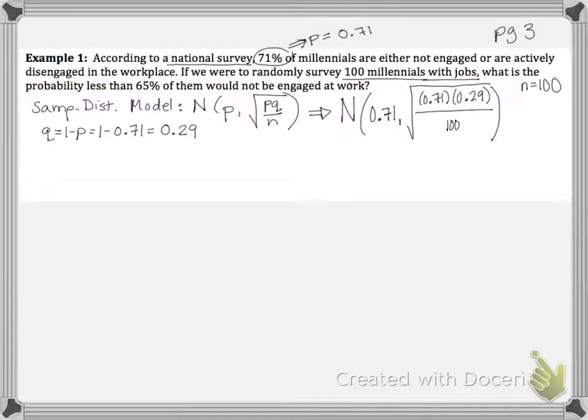Now we can go ahead and use our calculator to find the standard deviation here. So I'm just going to jump to the line below, and now we have a normal model where our mean is 0.71 and our standard deviation is 0.0454 if we take it out to 4 decimal places.